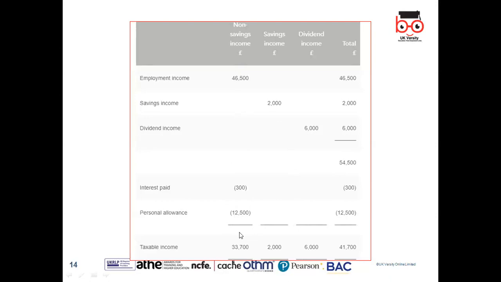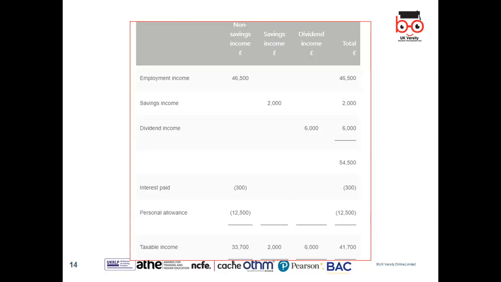Personal allowance is normally best claimed against one source of income, which we can state is employment income. So 33,700 is the net income we have. Then the savings income 2,000 and dividends 6,000, giving 41,700. So we have to pay the tax. You already know how the brackets work.